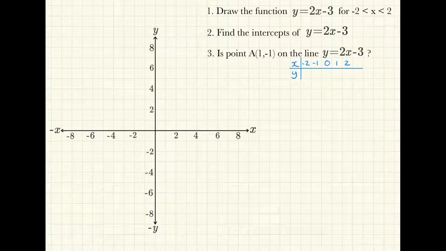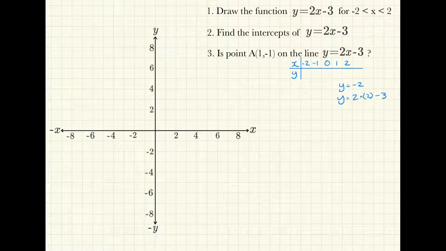So for the first one, when x is equal to -2, because that's our first value here, I'll go ahead and substitute: y equals 2 times -2 minus 3. All I did is I rewrote the function up the top, and I replaced or substituted x for -2.